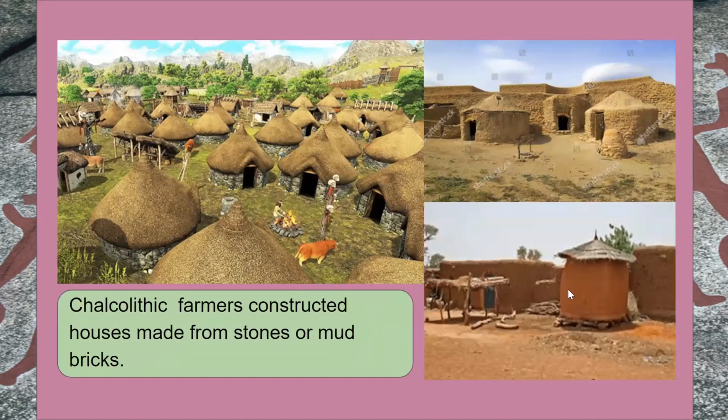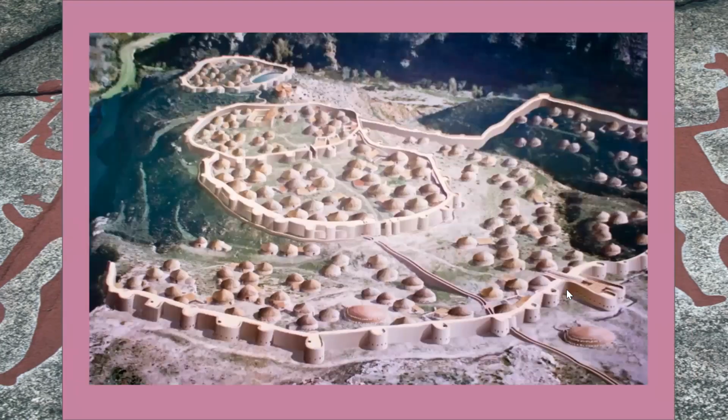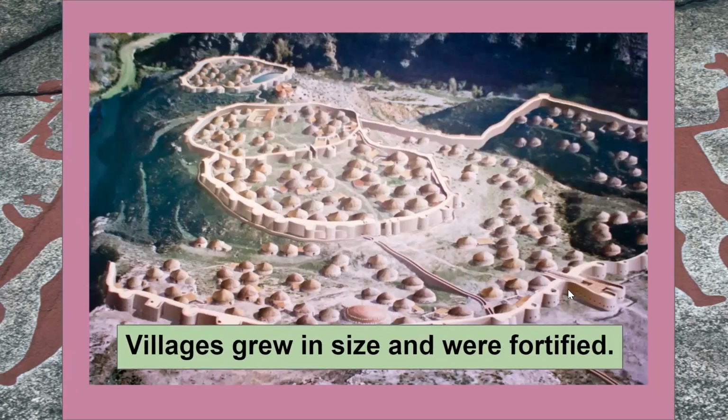Chalcolithic farmers constructed houses made from stones or mud bricks. Villages grew in size and were fortified. Grain storage and food preparation became private rather than communal as it was in the earlier villages.